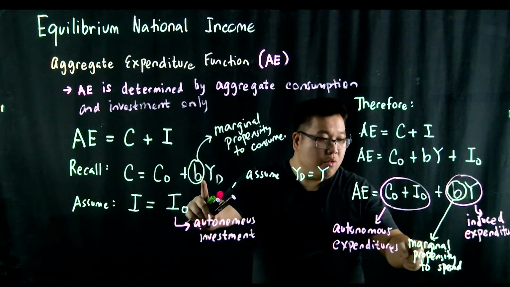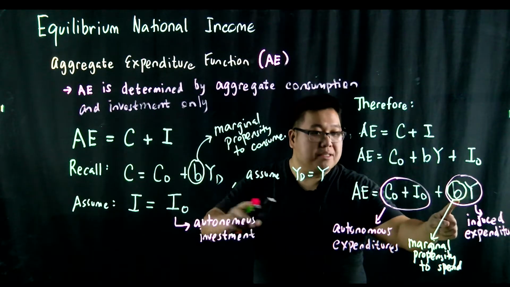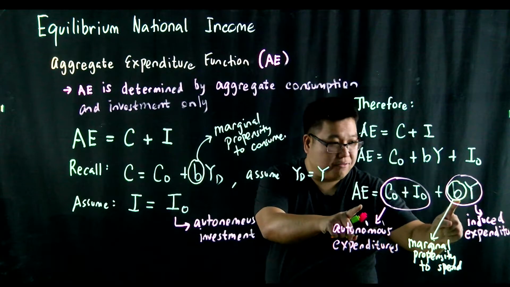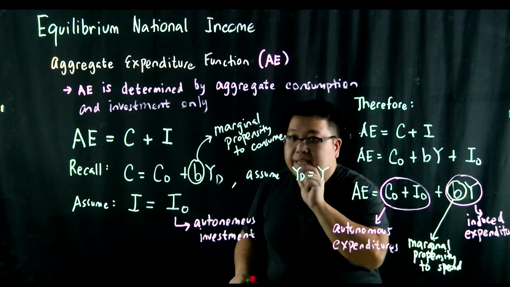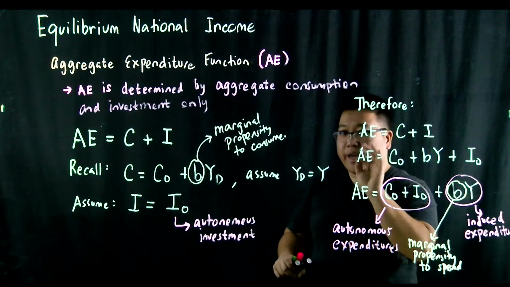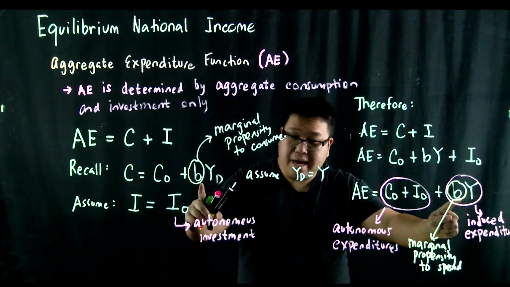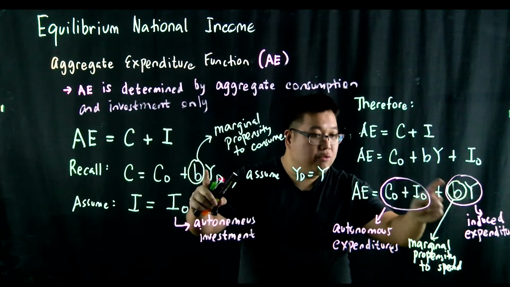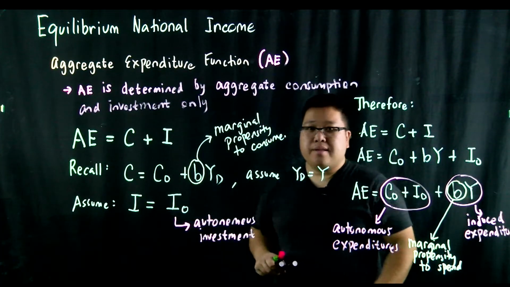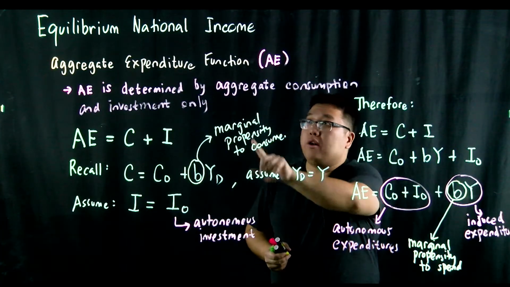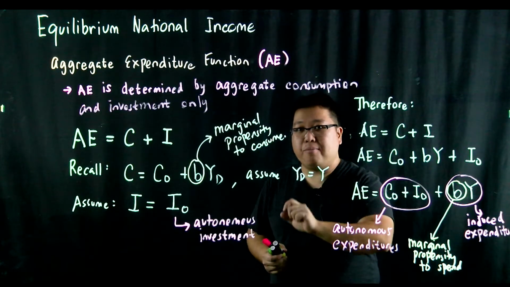These two are defined differently because this B becomes the slope of the aggregate expenditure function, while this B is the slope of the consumption function. So although both of them are written as B, once they're used in AE or in C, the definitions become different. That concludes our video on this. Next, we're going to have a numerical example.